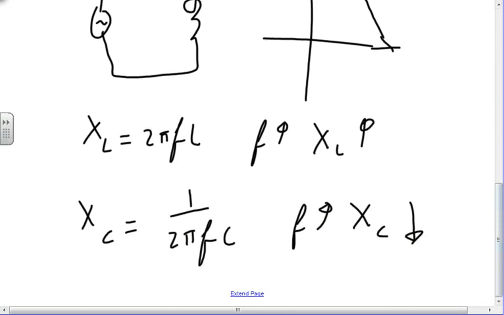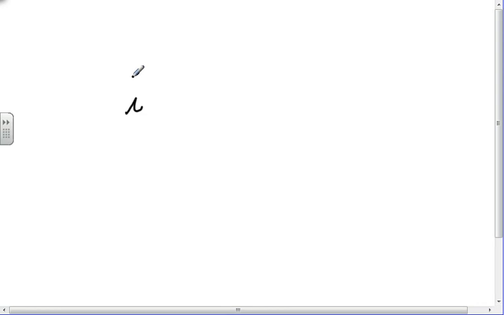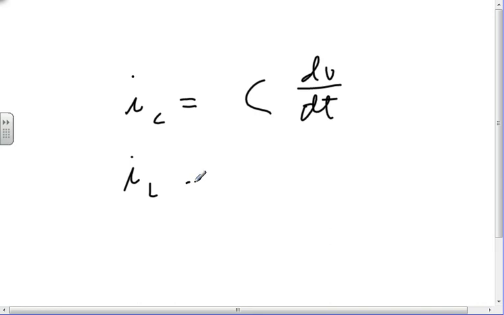Now, from a calculus point of view, the current across the capacitor is going to be the capacitance times dV dt. If you remember the voltage across the inductor, it's L di dt.